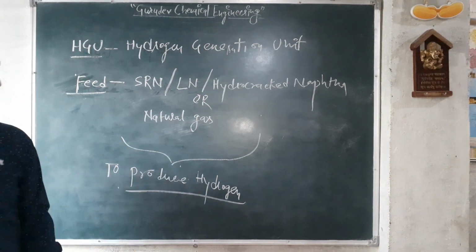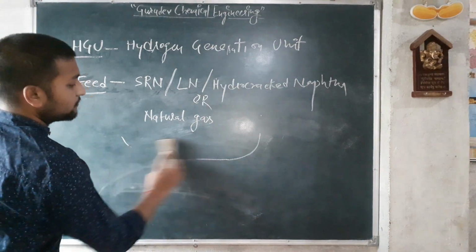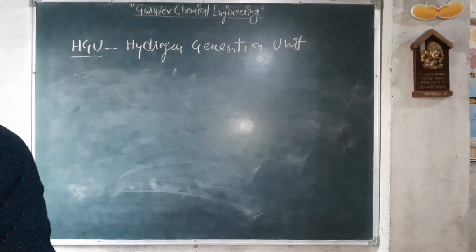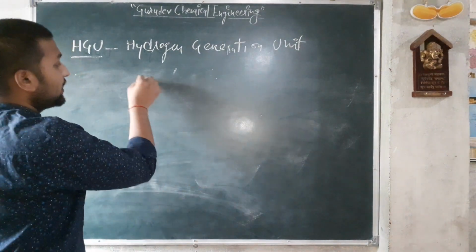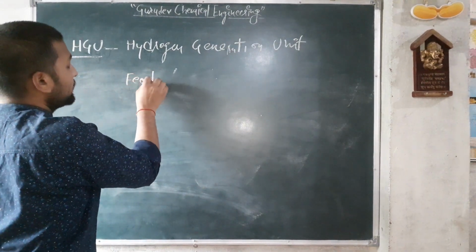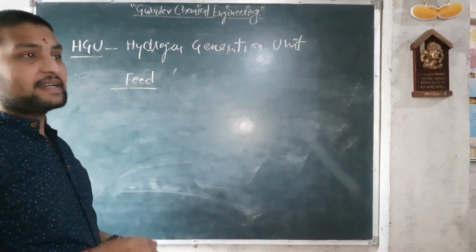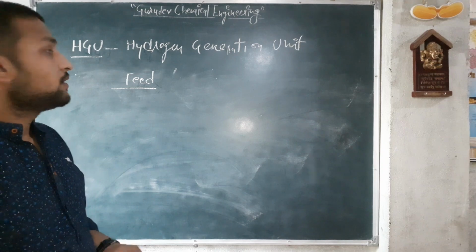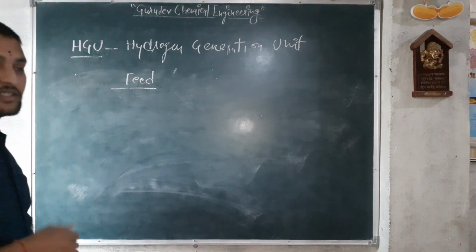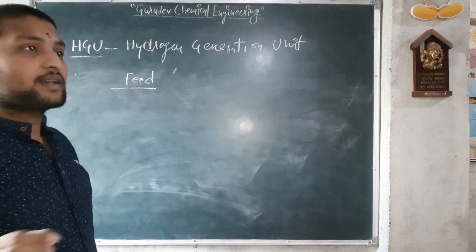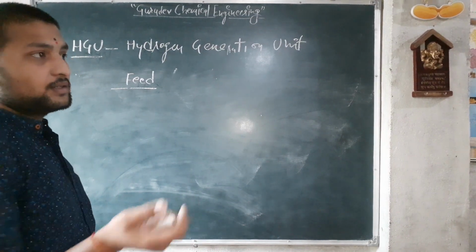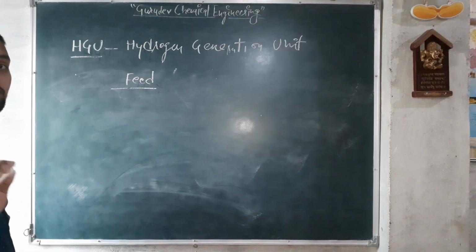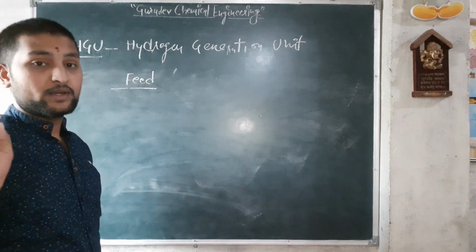So now we will discuss the feed again. Before entering the hydrogen generation unit, the straight run naphtha, light naphtha, hydrocracked naphtha or the other feed, that is natural gas, we have to remove the sulfur before feeding.